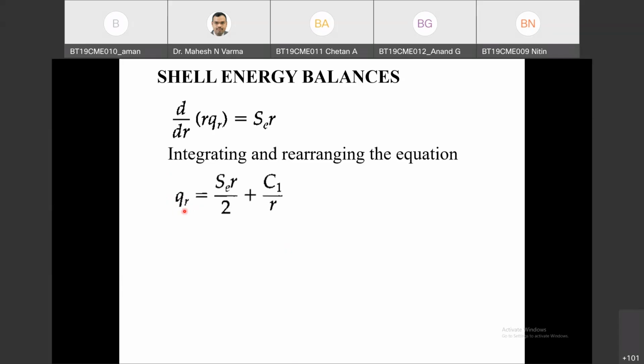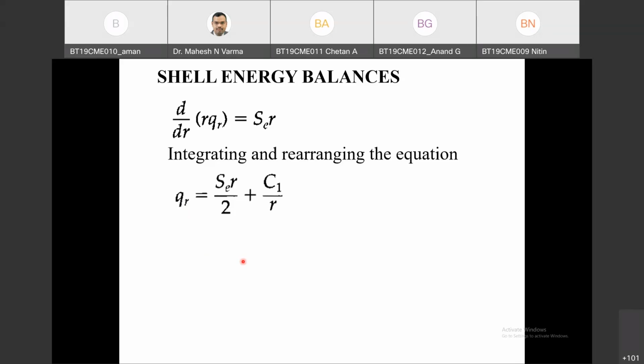Do you have any boundary condition for this flux QR? Anand, a logical boundary condition, like at r equals 0. At r equals 0, QR should be finite. Hence C1 should not be there in my equation.